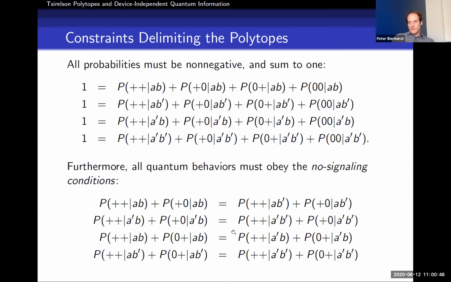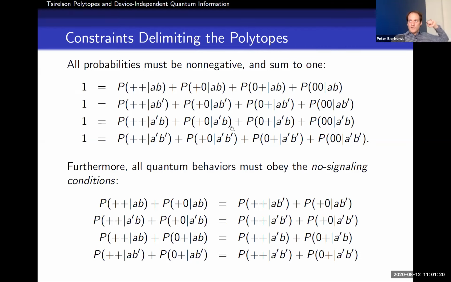And then we have some interesting ones here: all quantum behaviors must obey the no signaling conditions. This says that if Alice is at one location and Bob is at another location, and they're simultaneously measuring some entangled particle, then if Alice chooses configuration A versus configuration A prime, Bob's measurement statistics should not change.